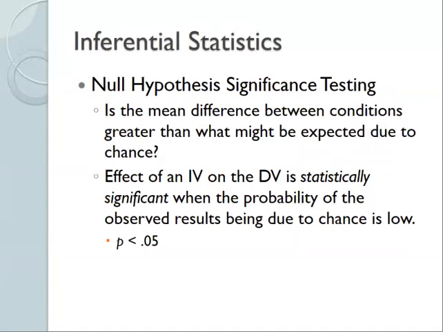Okay. Another way that we test inferential statistics is what's called null hypothesis testing. And so the question is, is the mean difference between the conditions greater than what we would expect due to chance? Okay. And the way we approach this kind of test is we go in making the assumption that there are no effects.